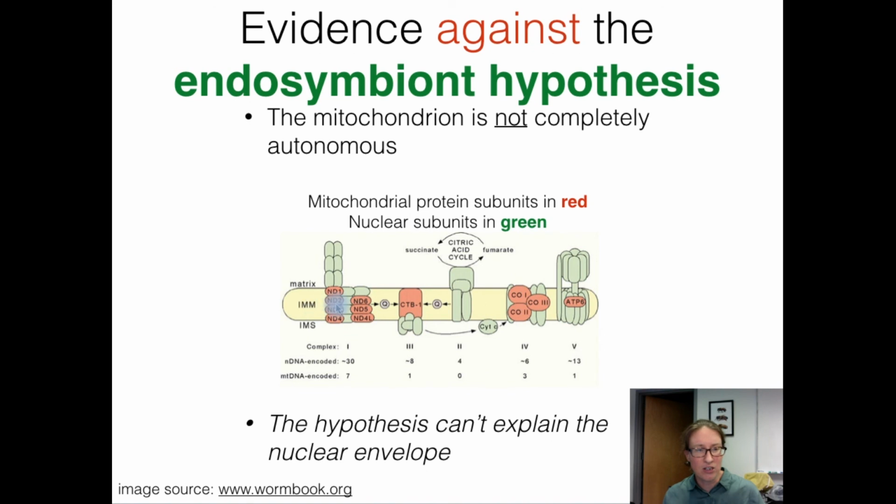This cartoon shows the proteins that are used to produce energy in a cell. And the thing about these proteins is that some of the information that goes into their construction does come from the mitochondria.